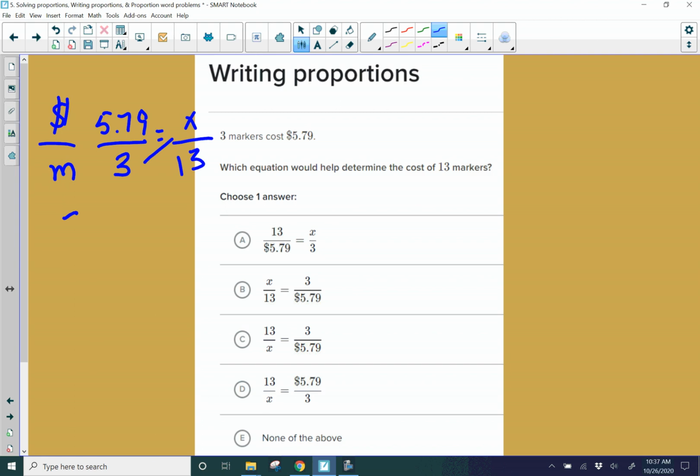So looking here, I want to find a cross product that's going to give me 3x. So A does not do that. B does not do that. Look at C. That's going to give me 3 times x, which is what I'm looking for. And if we look here, also does not give me that. So the correct answer here would be C.